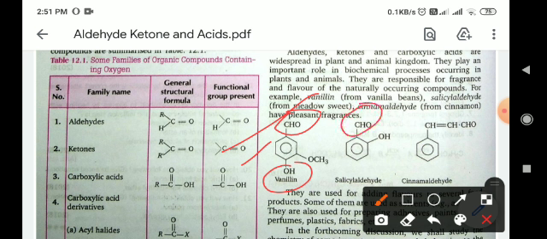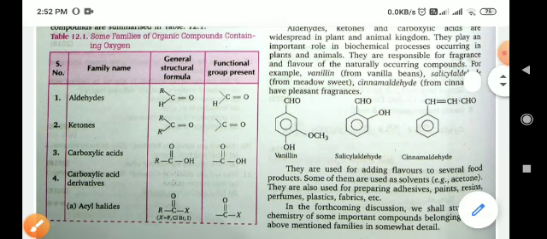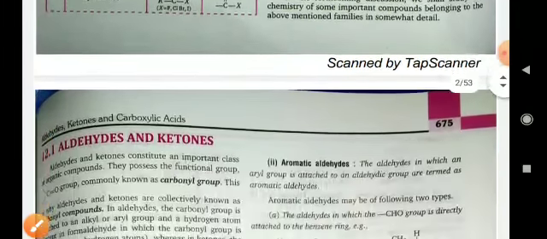When there is an aldehyde group and one OH group at its ortho position, it is known as salicylaldehyde. And cinnamaldehyde has a hydrocarbon chain with a carbon-carbon double bond and the aldehyde functional group CHO. So these are some common examples of aldehydes.